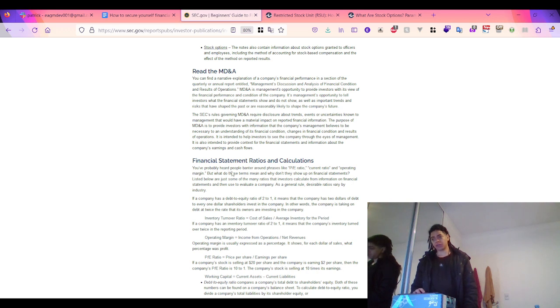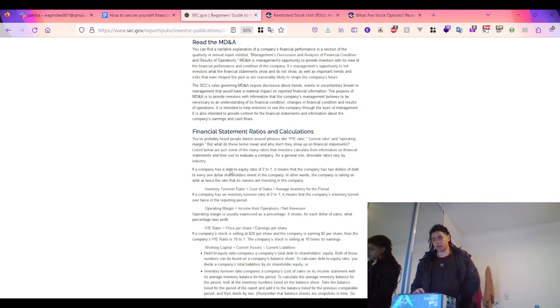So you have probably heard people bandy around phrases like P/E ratio, current ratio, and operating margin. But what do these terms mean and why don't they show up on a financial statement? Listed below are just some of the many ratios that investors calculate from information on financial statements and then use to evaluate a company.